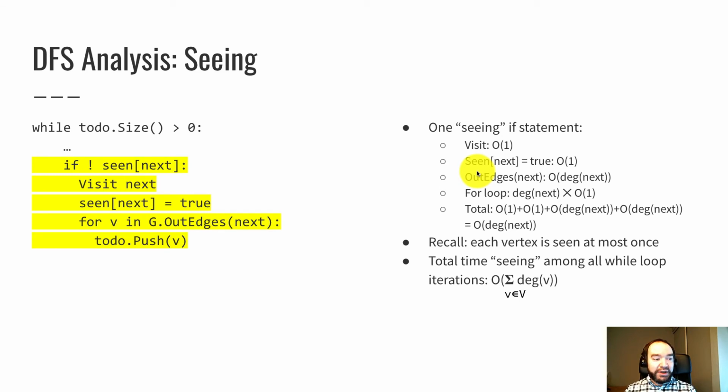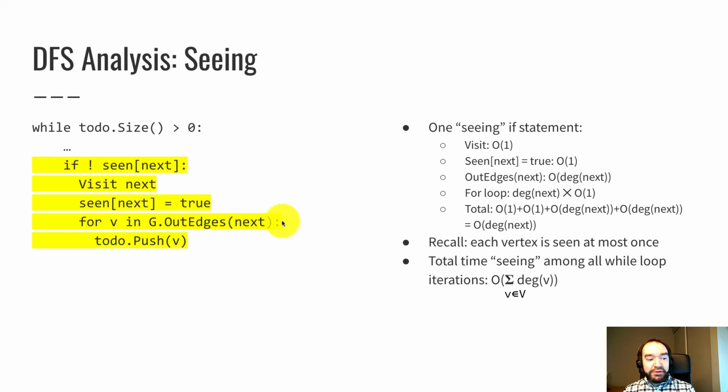So just focusing on one execution of this highlighted seeing code, the if statement is constant time. We're assuming visit is a constant time operation. Setting a Boolean flag to true in a vector is constant time. We do one outEdges call, and that takes big O of degree of next. This is where we're assuming that we're using an adjacency list. So this is big O of the degree of next time right there for outEdges.